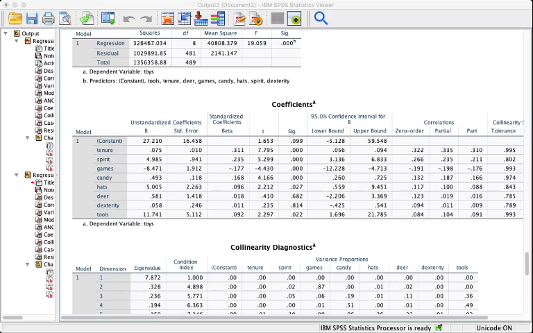Which one you use really depends on the situation. Does it make more sense to use actual units, or does it make more sense to use standard deviations? So here, it might make more sense to use just units, right? A unit has meaning. Tenure is measured by years.